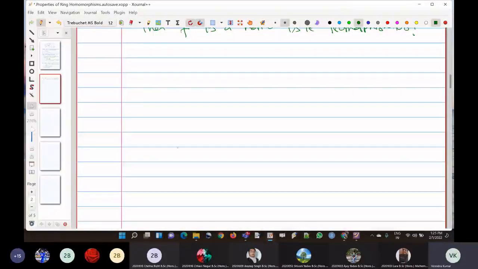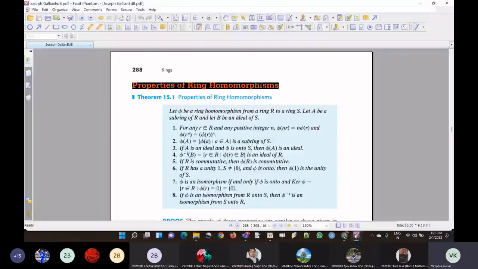These properties are in your textbook in the form of theorem number 15.1, properties of a ring homomorphism.